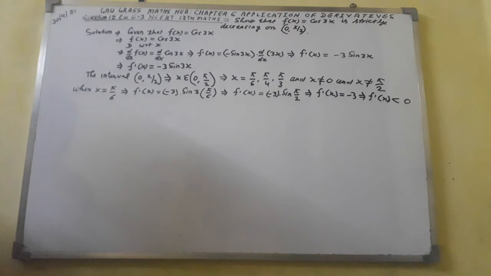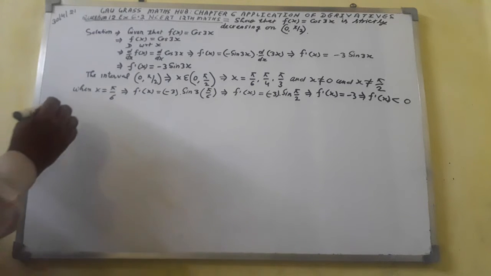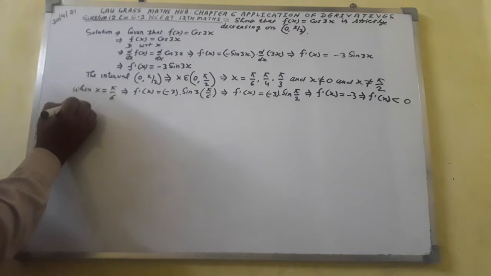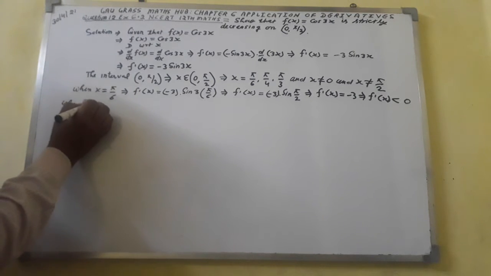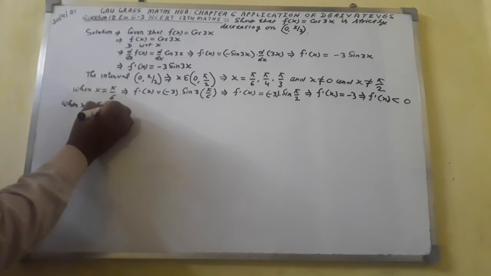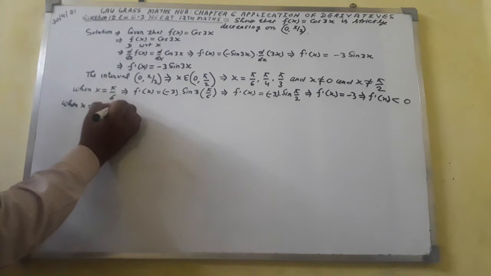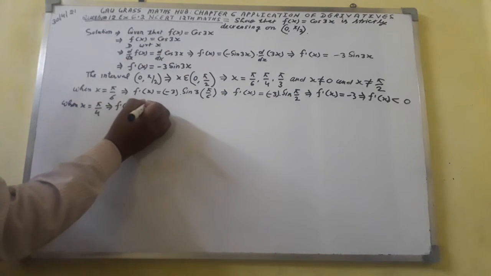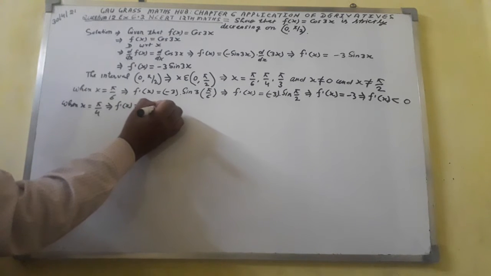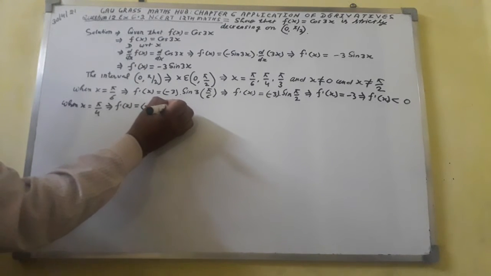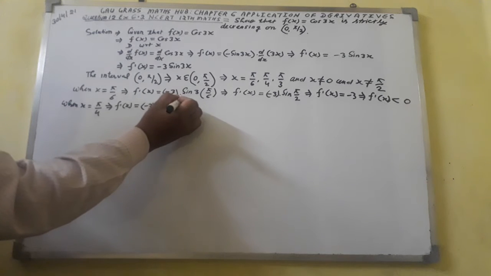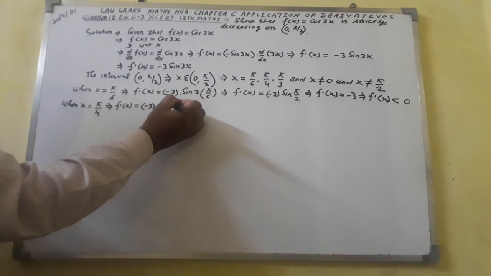Now again I shall take x equal to pi by 4. Let us see. When x equal to pi by 4, f dash of x equal to minus 3 sine 3, and in place of x I shall write pi by 4.